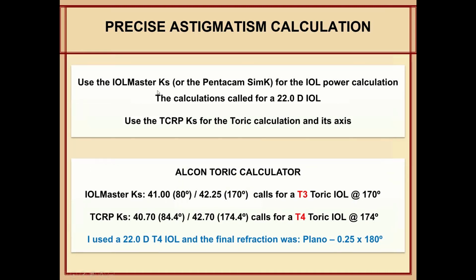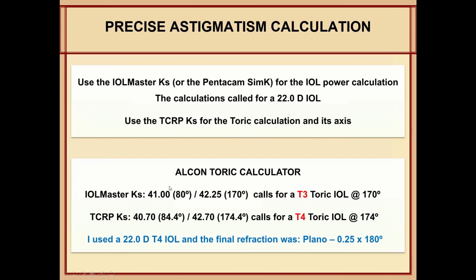I used the IOL Master K's or the Pentacam SimK for IOL power calculation. So the calculation called for a 22 diopter IOL. I personally use the Alcon SN60WF and the Alcon toric implants. However, to calculate the toric power, I use the total corneal refractive power to do these cases.